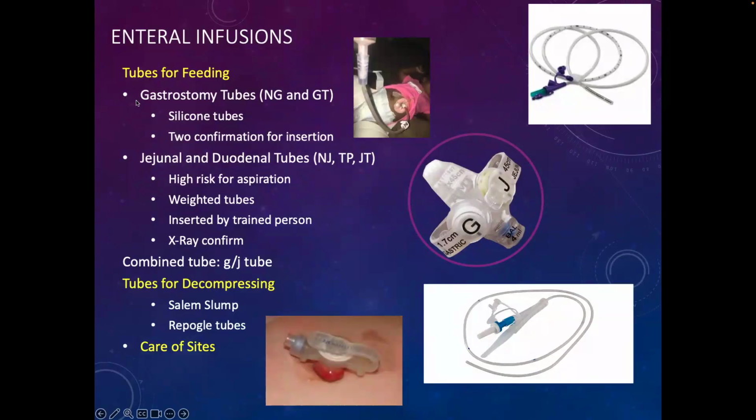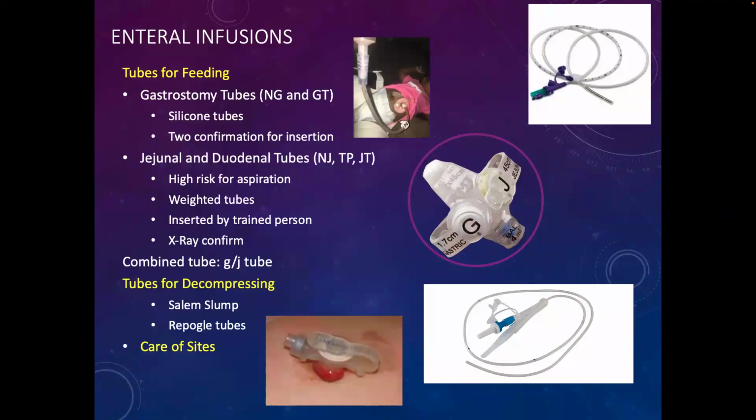How I like to differentiate them is you have tubes that are surgically placed, and then you have tubes that are temporarily placed. This one up here, for example, as you can see, is surgically placed into the stomach. Anything that's placed orally or nasally is considered a temporary tube. But when we put a tube into the stomach surgically, that is a G tube.